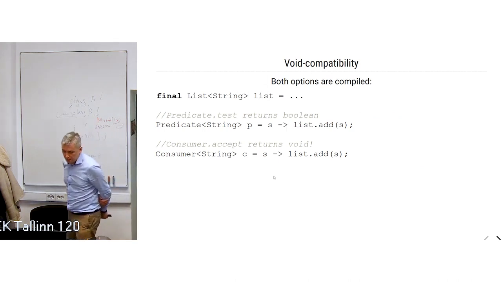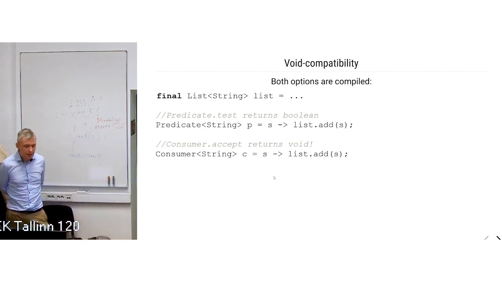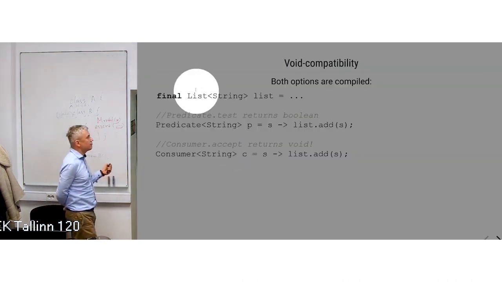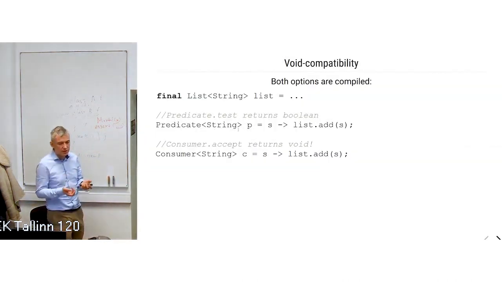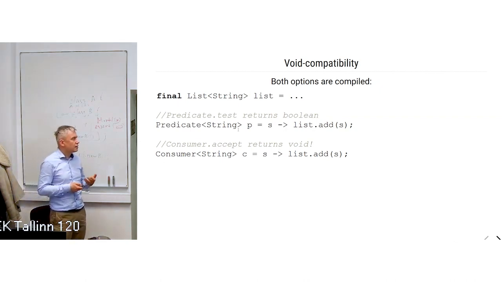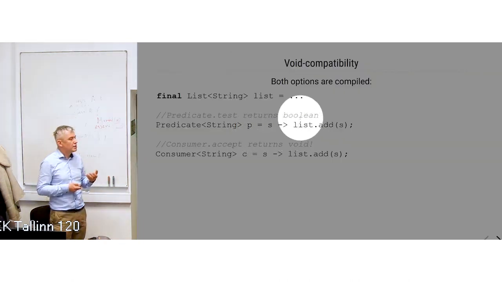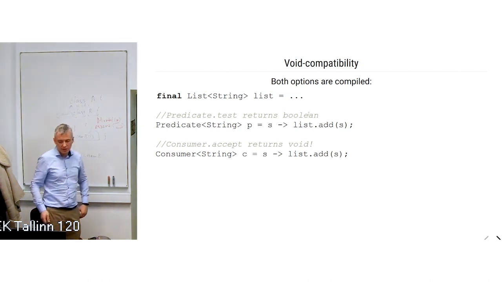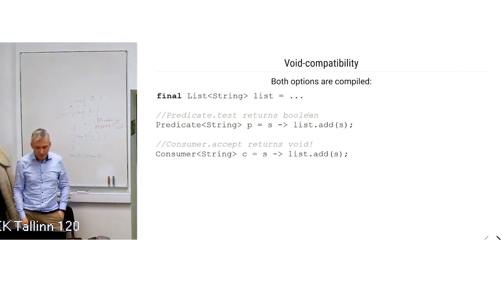Okay, void compatibility. If a functional interface method expects a void result, lambdas that return void or non-void are assignable, because we can just ignore the result.